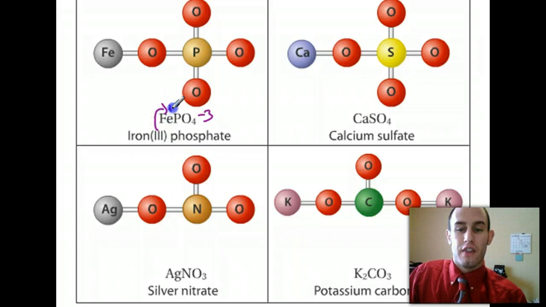So again, that's where the Roman numeral indicates the charge on the ion. Calcium sulfate. Here you do not have to use a Roman numeral because calcium is in group 2, so they all have a +2 charge. Sulfate overall has a -2, so one calcium and one sulfate balance out to a neutral compound.